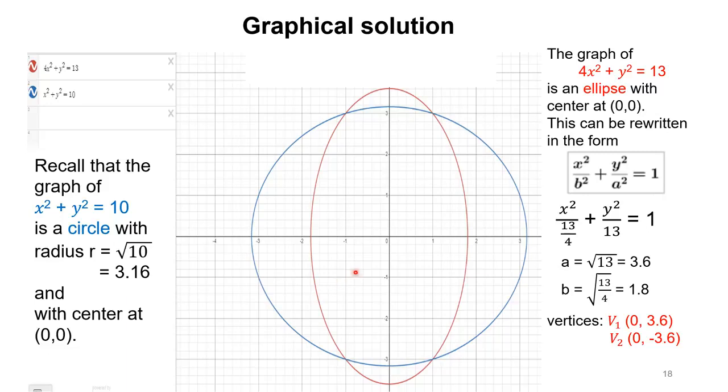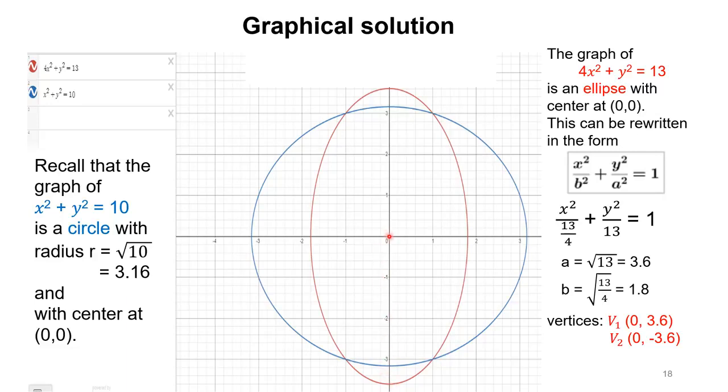If we take a look at this one, we have our major axis on the y-axis, where x here is 0. So our V sub 1 is at this point 0, 3.6, and our V sub 2 is at 0, negative 3.6.